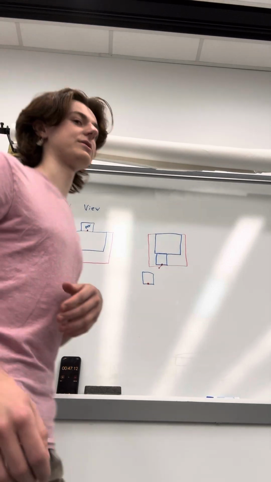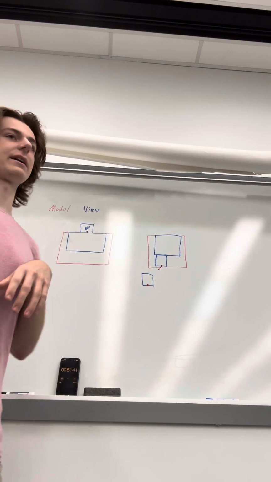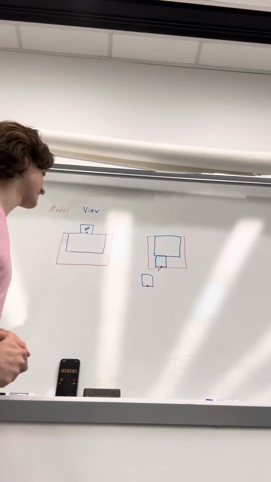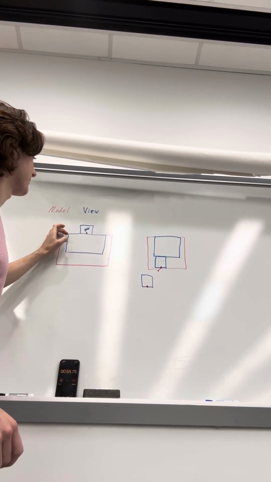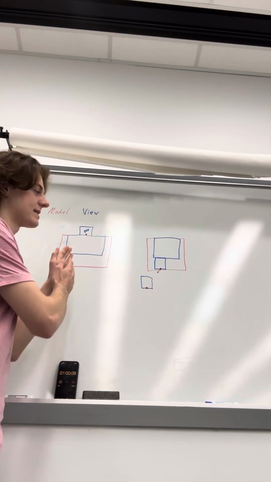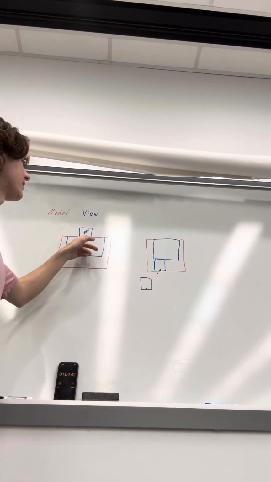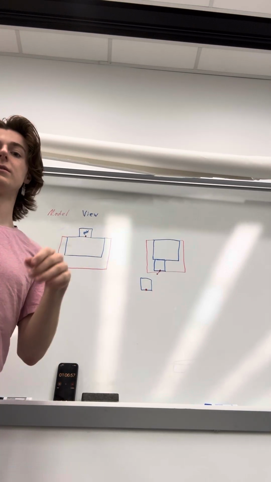So our collision, which is the main complexity of our design here, has two main principles. The first is that on the model side of things, we make all of our collision boxes larger than the view side of things, which lets us represent our player not as a box, but as a single pixel.